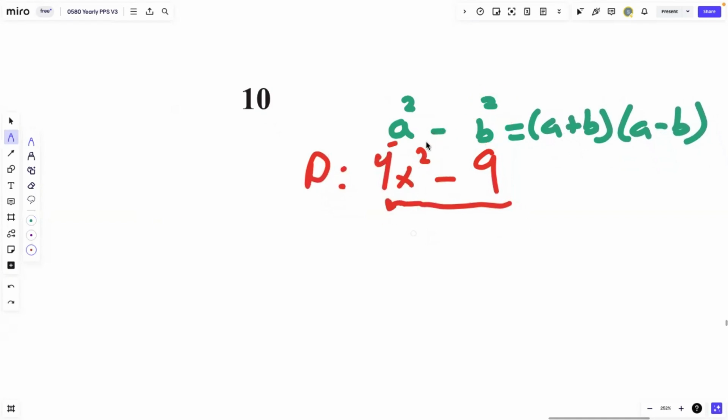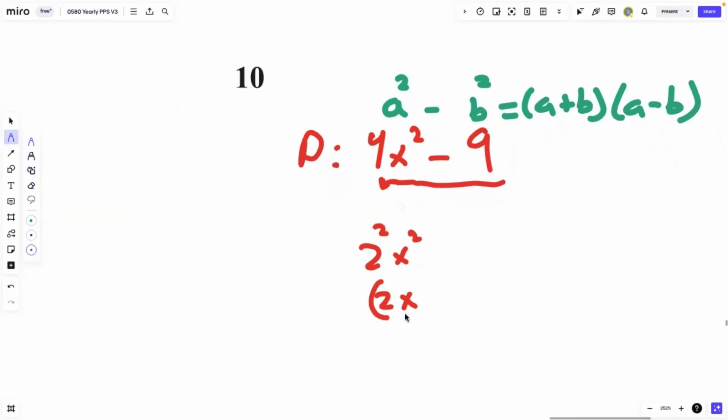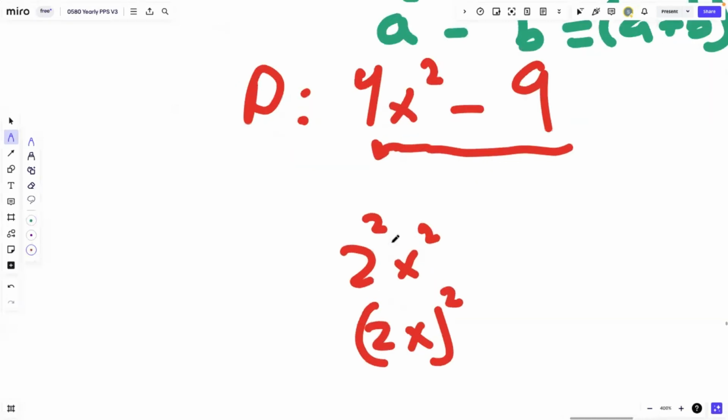So we do not have the power 2 on the 4. We have the power 2 on our x only. So we need to think of a way we can have the whole power 2, and that would be 2 squared and x squared, and that's just 2x whole squared. This 2 squared is 4, and indices allow you, when the terms are multiplied, to write a common power like this on a bracket.